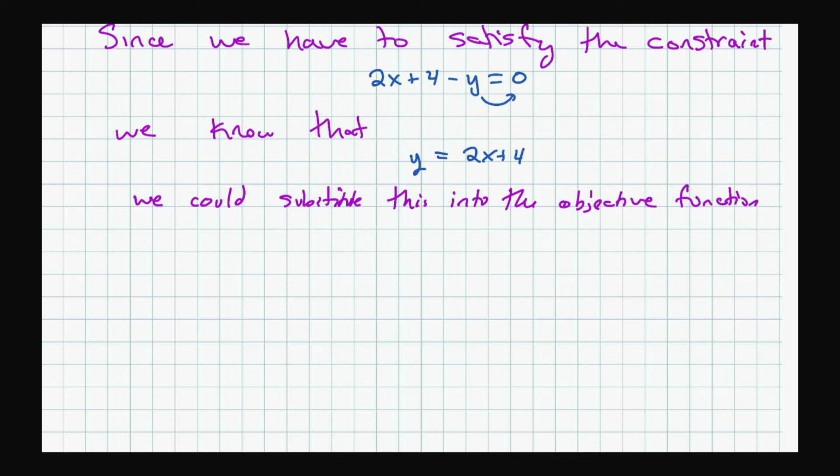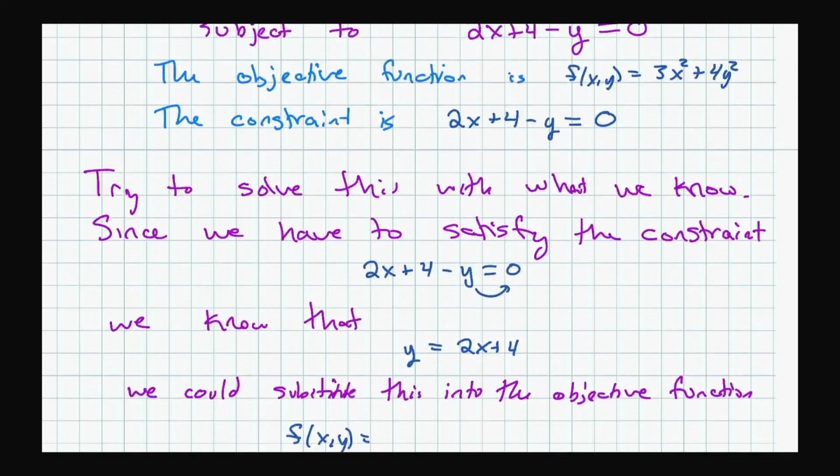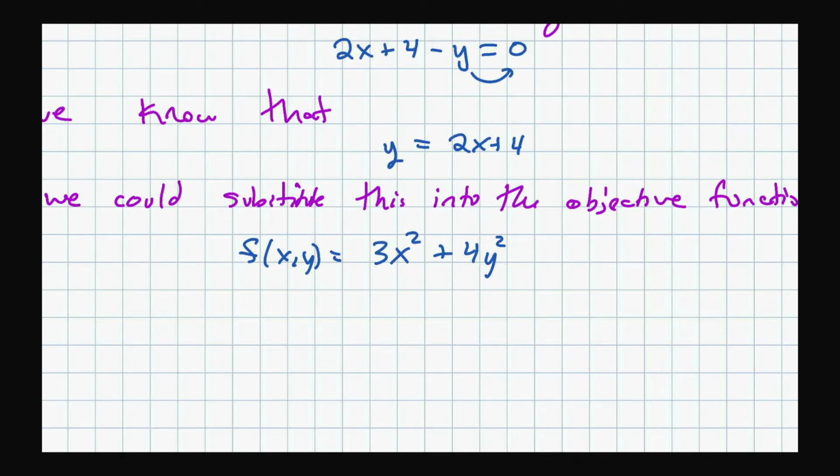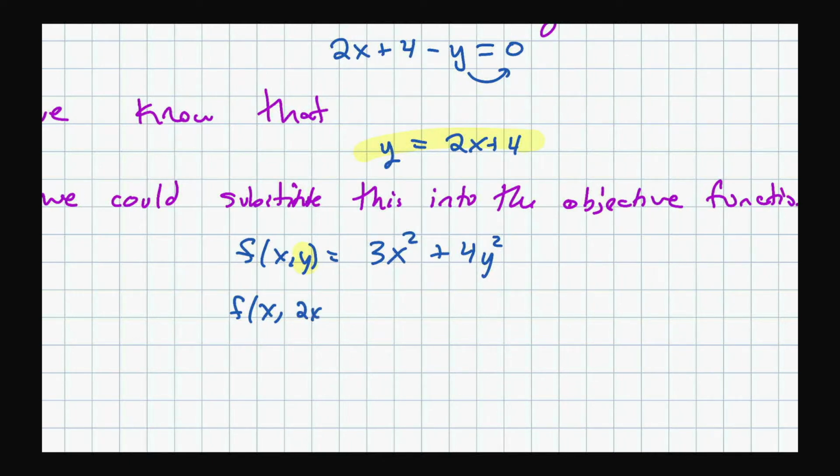So you have your f of x, y, which is 3x squared plus 4y squared. If we take the y and substitute that in, then f of x, and y is going to be 2x plus 4.